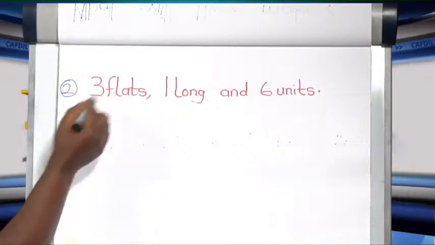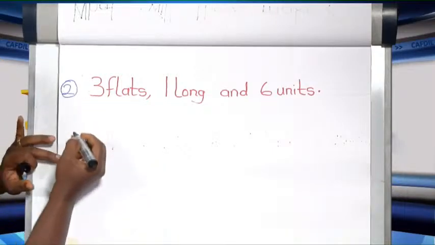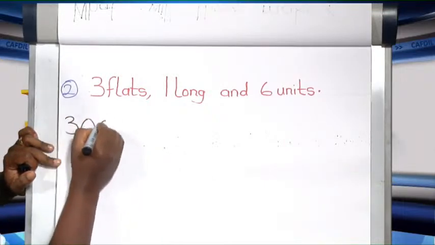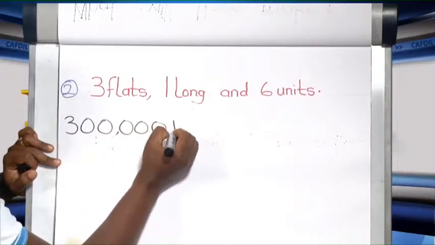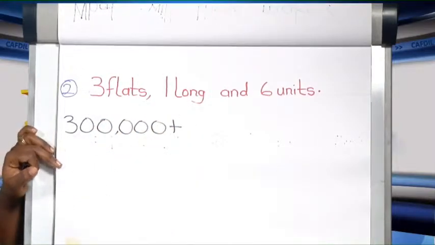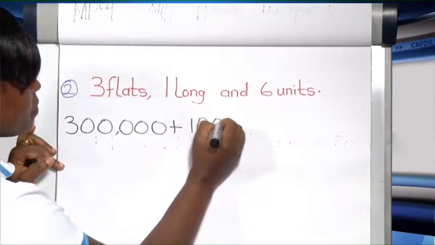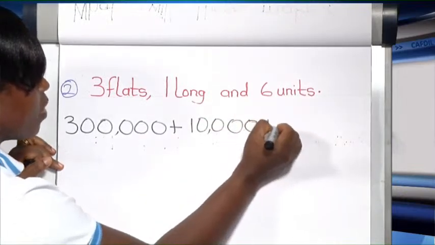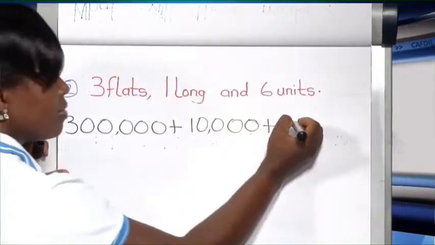So 3 of the flats will give us 300,000. Plus 1 long is 10,000. Plus 6 units. So 1,000 times 6 will give us 6,000.